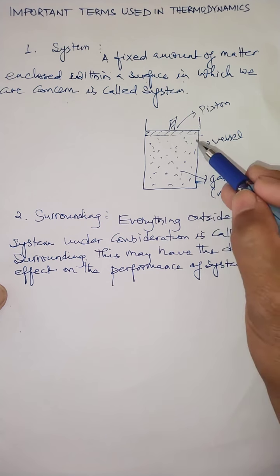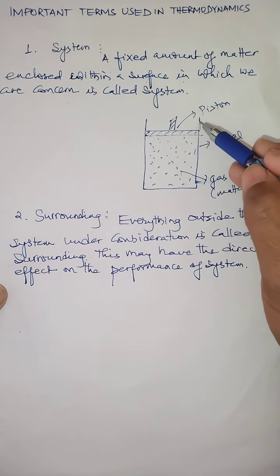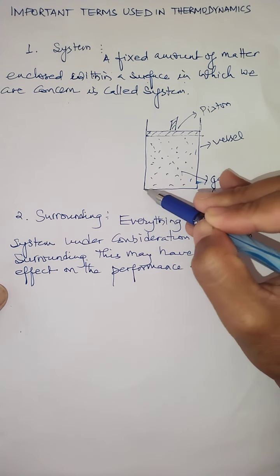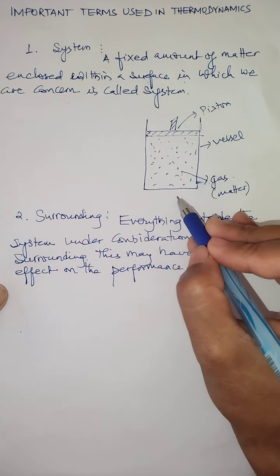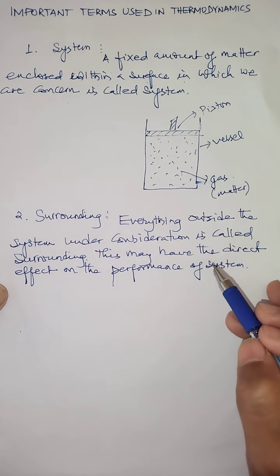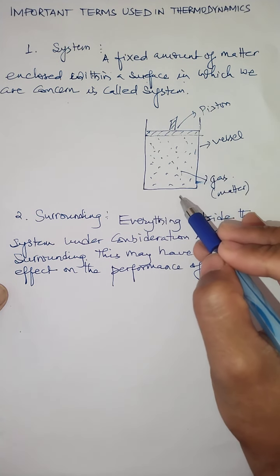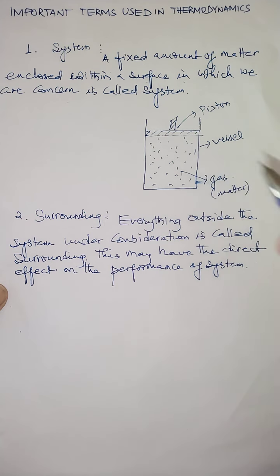For example, let me take this diagram. This gas is the system, and this vessel, which can be a conducting vessel or a non-conducting vessel, is the surrounding, because it is outside the system. This is like a boundary which encloses the gas, the system.